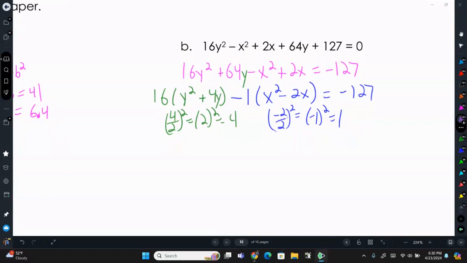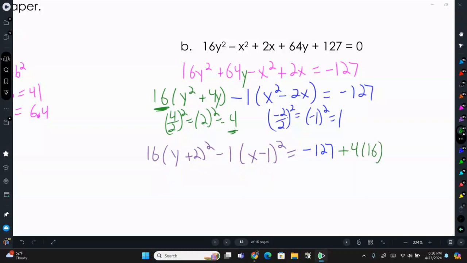So now it's going to be 16 times y plus 2 squared minus 1 times x minus 1 squared equals negative 127, plus I've added 4 to both sides with the y part, but I got to multiply it by 16.